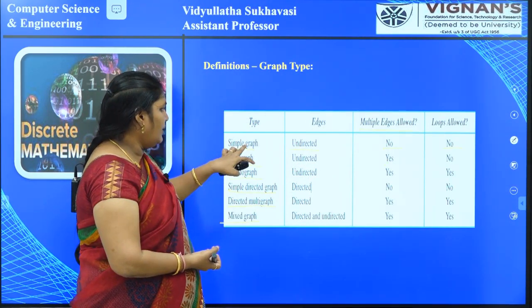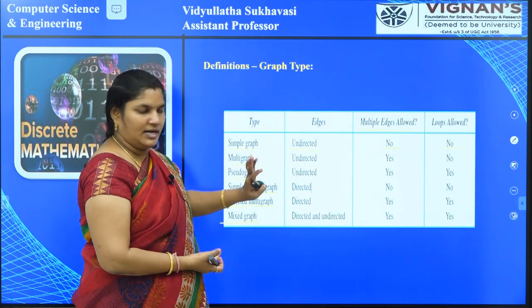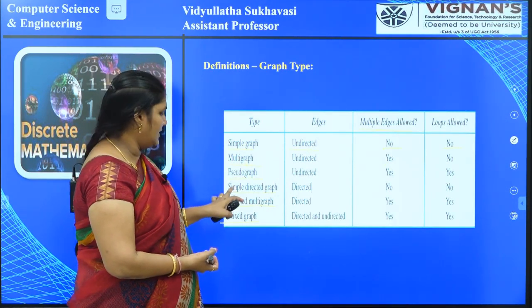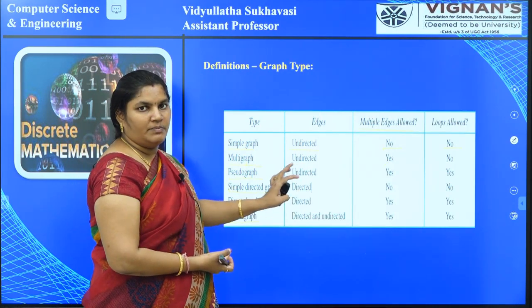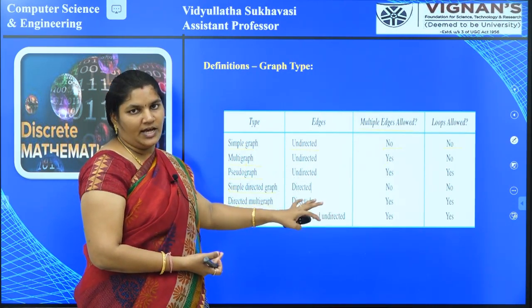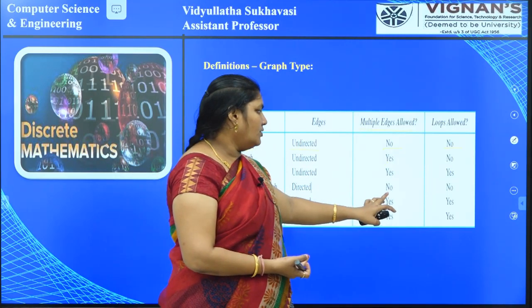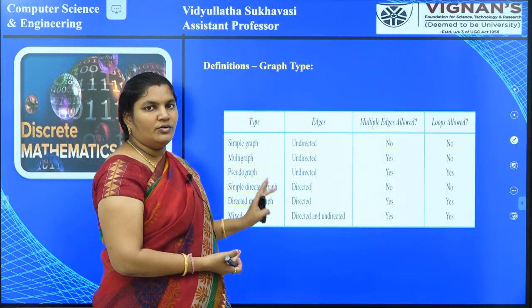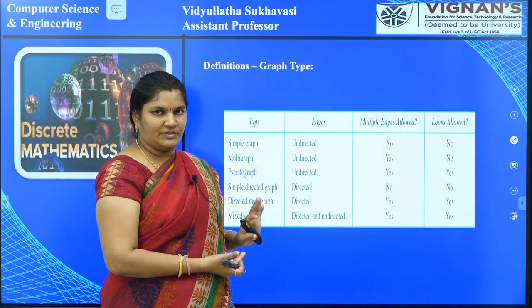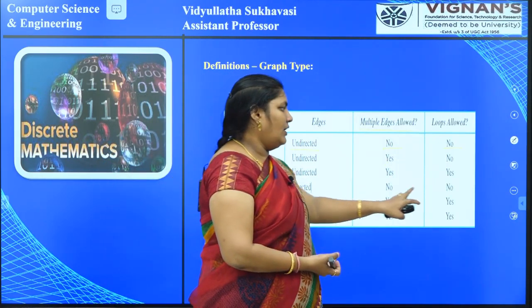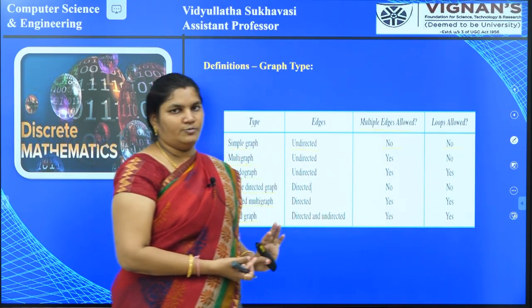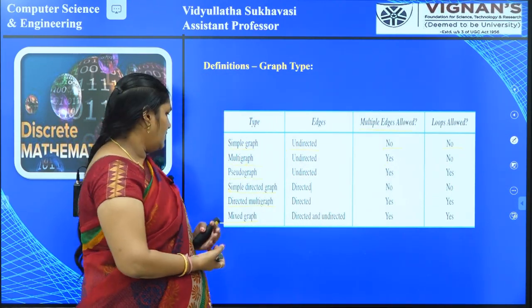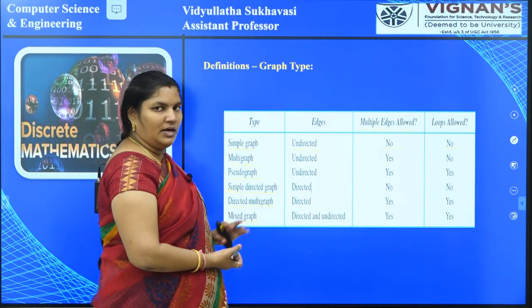Since it is a simple graph, it is an undirected simple graph. Here the name itself says it is a simple directed graph, which means we specify an edge with direction. So here also it is a simple graph with direction, and we will not specify any multiple edges and loops, since in a simple graph no multiple edges and loops are allowed. And here it is a directed multigraph.